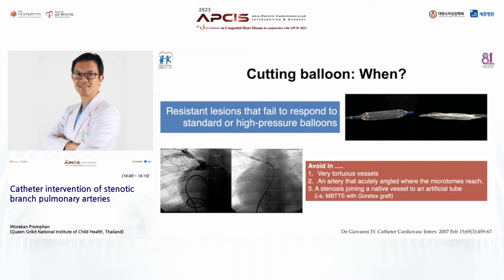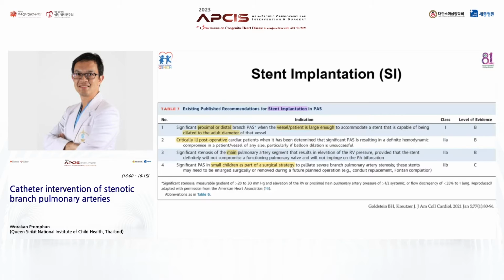You should avoid it if you have very tortuous vessels, an acutely angled artery where the microtome cannot reach, or a stenosis joining a native vessel to an artificial tube, such as an MBTT shunt or Cortex tube. You need to be very careful, and likely should not use the cutting balloon for this kind of stenosis.